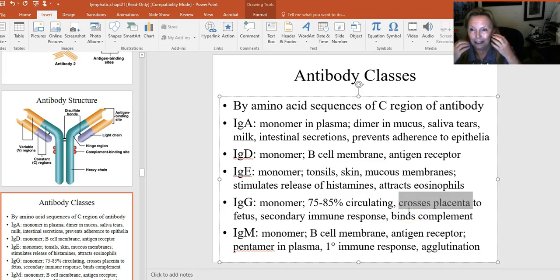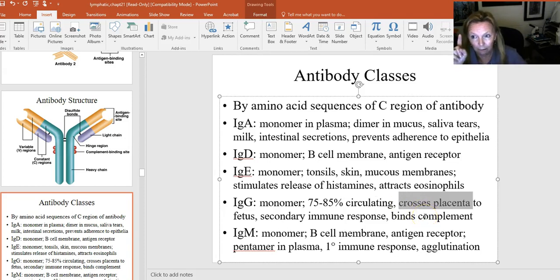If a woman is pregnant and has had antibodies to rubella, measles, or rubeola, anything, mumps, if she's pregnant and already has antibodies to these, it won't matter if she encounters it while she's pregnant. It won't hurt her fetus because her fetus is protected.